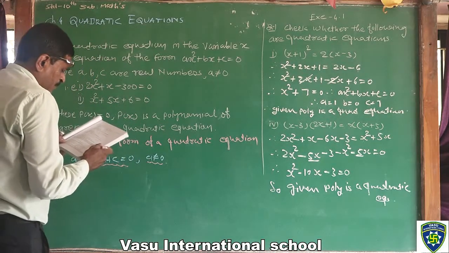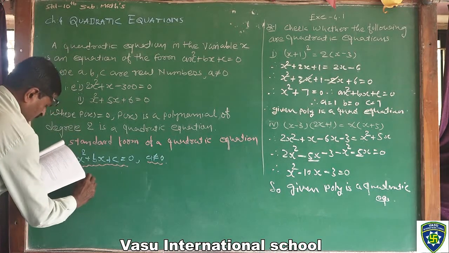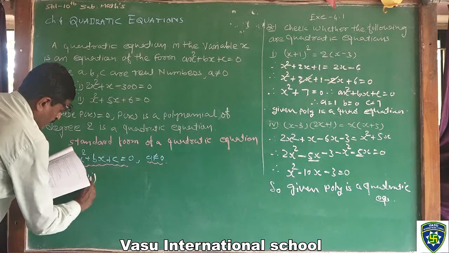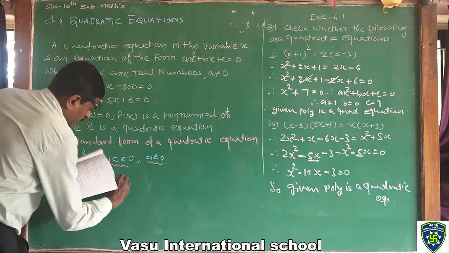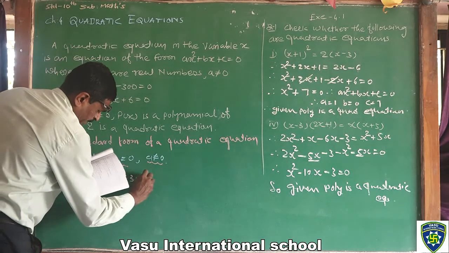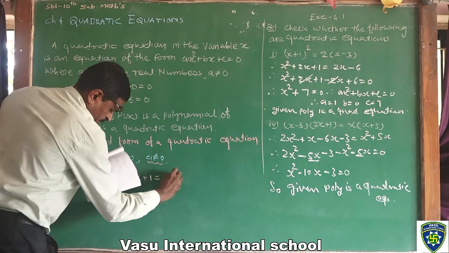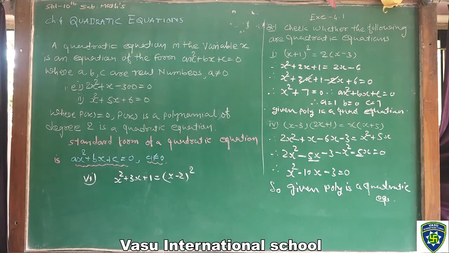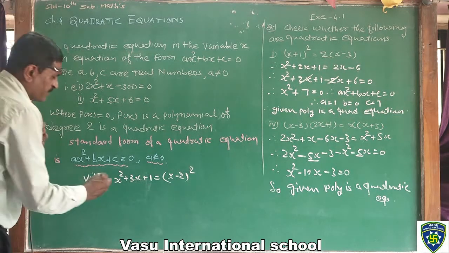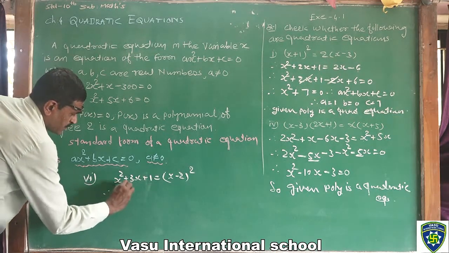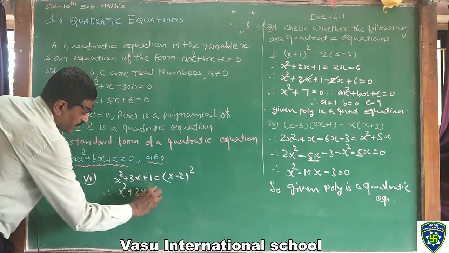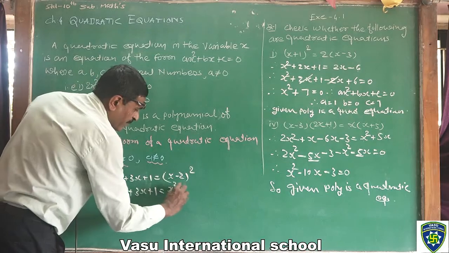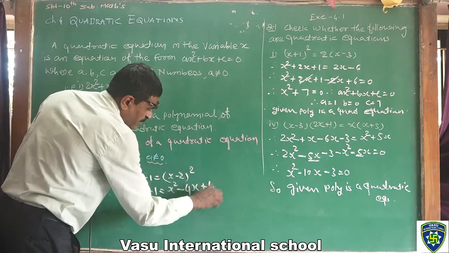Now, next one. Number 6. x square plus 3x plus 1 is equal to x minus 2 whole square. X square plus 3x plus 1 as it is, x minus 2 whole square is equal to x square minus 4x plus 4.